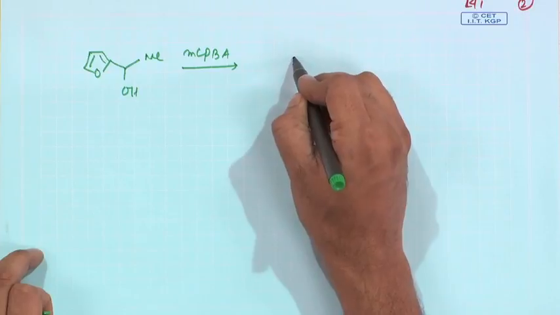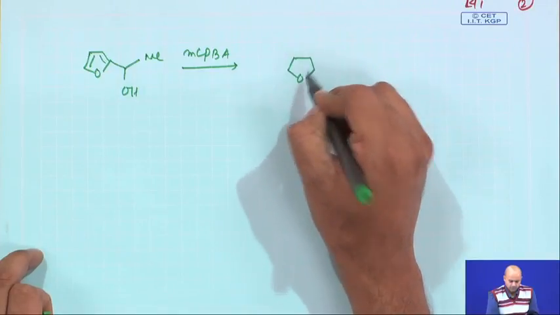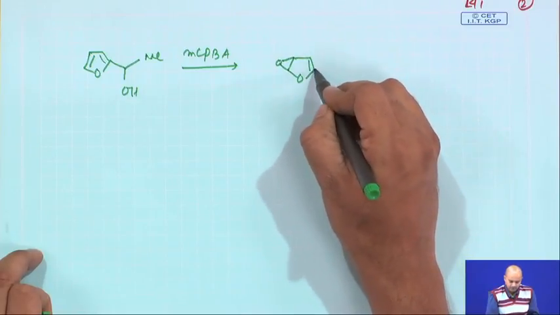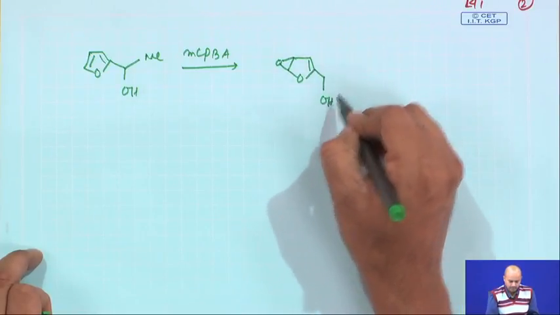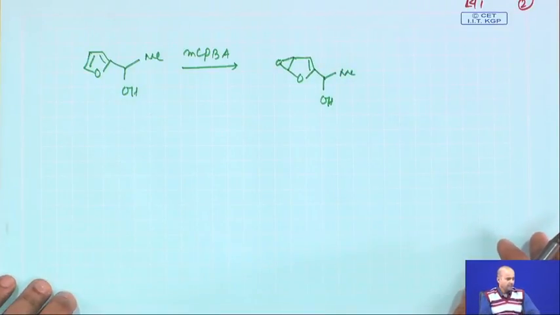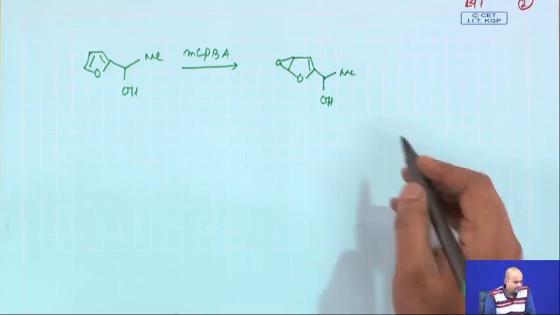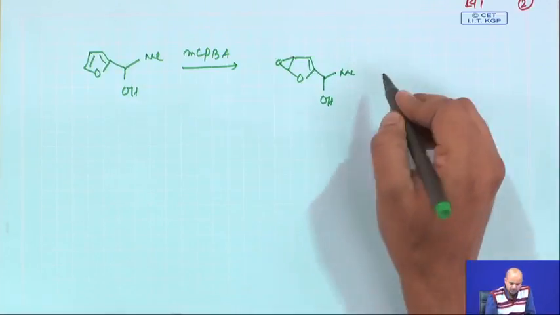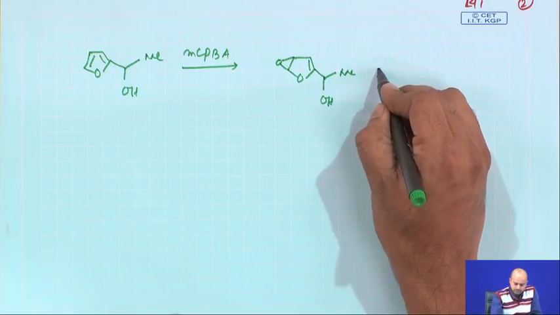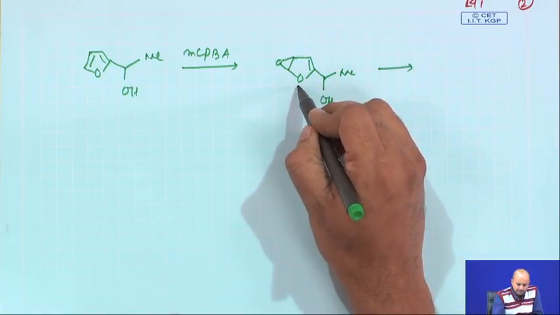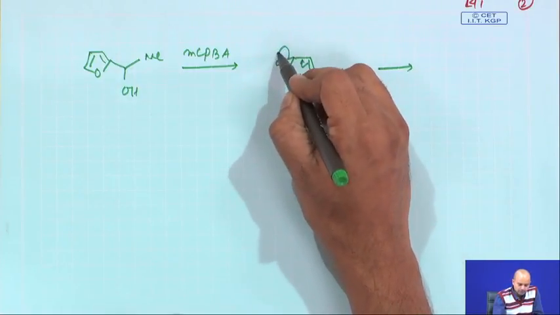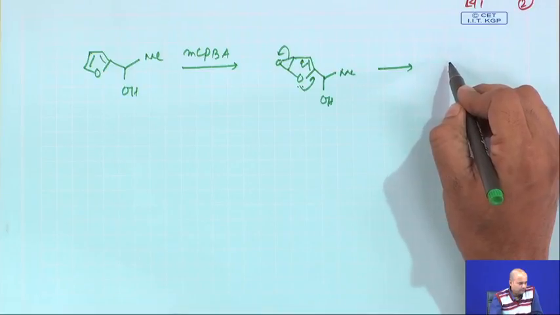In the initial stage, one of the furan double bonds undergoes an epoxidation reaction, and then the ring opening of this furan oxygen occurs in this way.